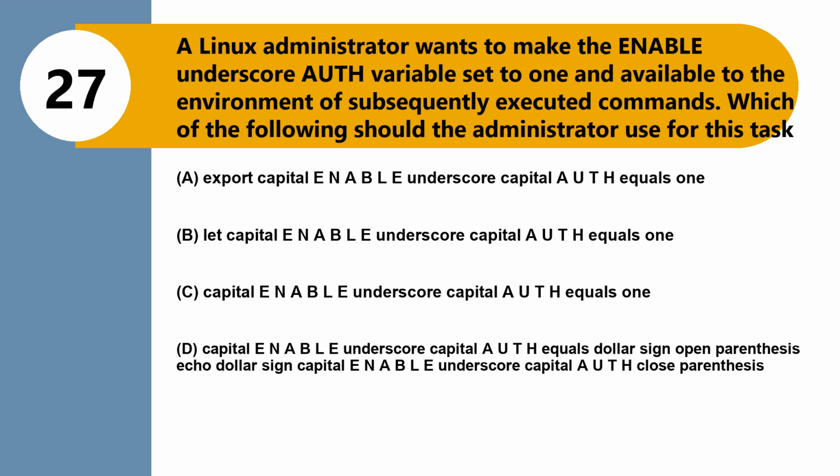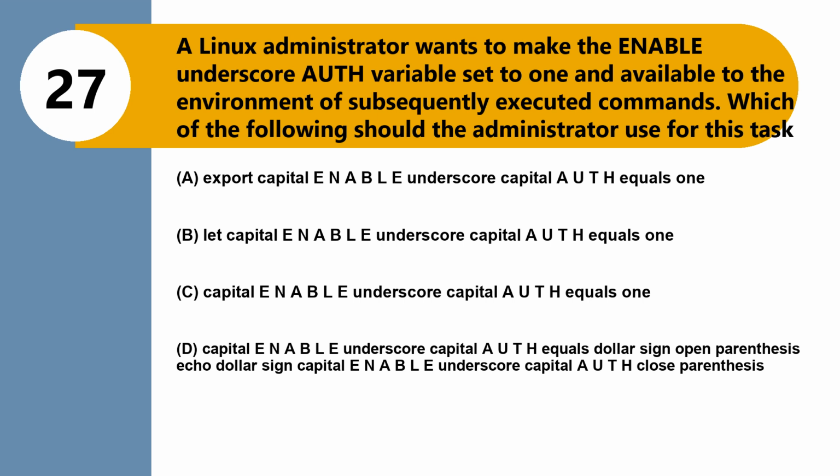Question 27. A Linux administrator wants to make the enable_auth variable set to 1 and available to the environment of subsequently executed commands. Which of the following should the administrator use for this task? Option A, export $enable_auth=1. Option B, let $enable_auth=1. Option C, $enable_auth=1.